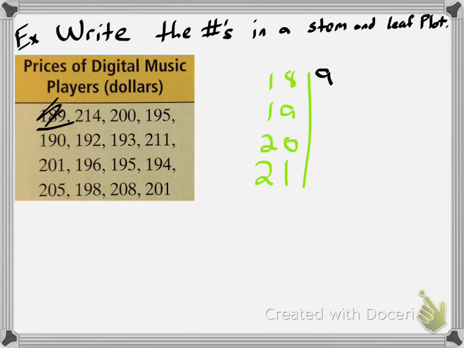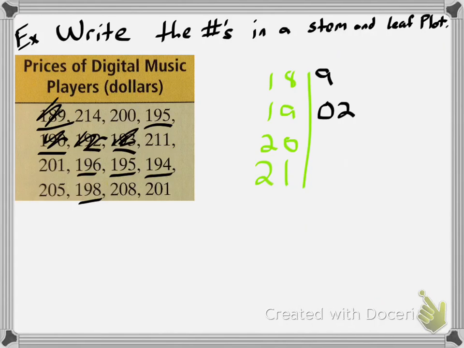Now we're going to look at 190s. Well, there's 1, 2, 3, 4, 5, 6, 7, 8 190s. So I'm going to list them out in order. So there's a 0. There's a 2.